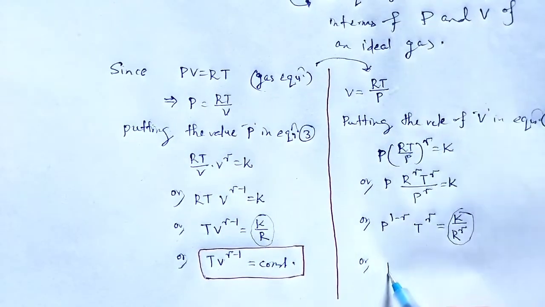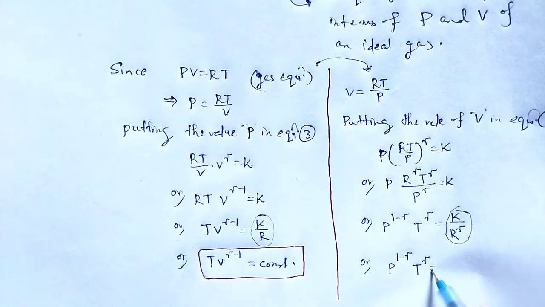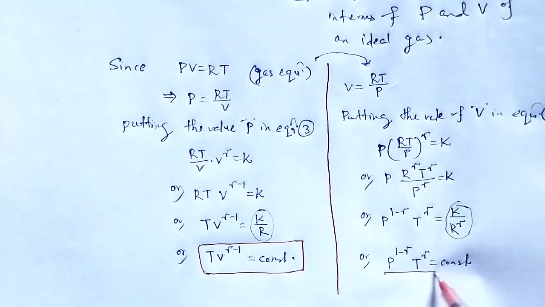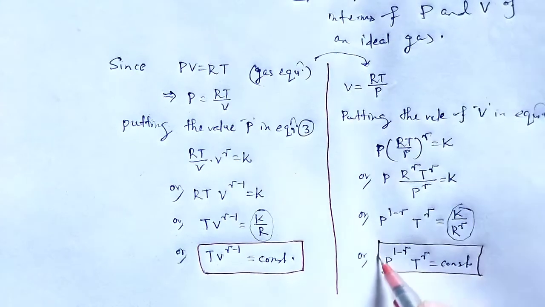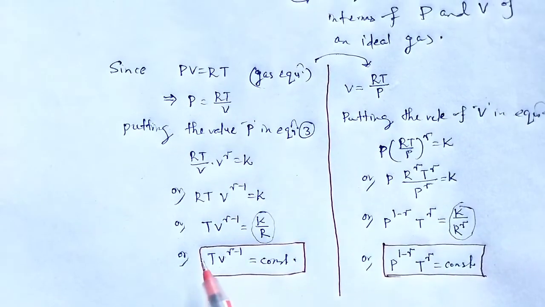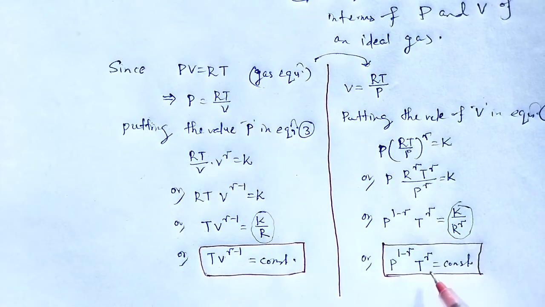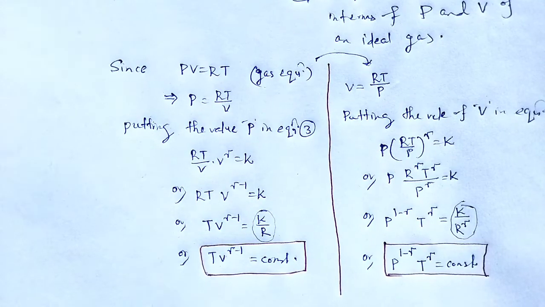So we write P to the power 1 minus gamma T to the power gamma is equal to a constant. That is again the equation of an adiabatic process in terms of pressure and temperature. This is all about the equation of an adiabatic process.